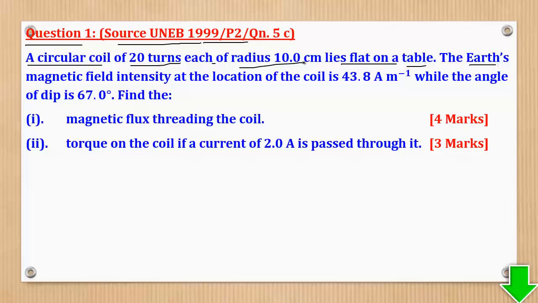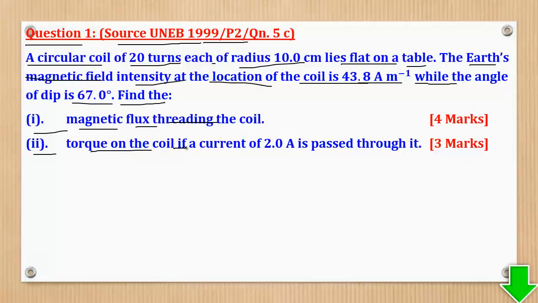Okay, the Earth's magnetic field intensity at the location of the coil is 43.8 amps per meter, while the angle of dip is 67 degrees. Find (i) the magnetic flux threading the coil, then (ii) the torque on the coil if a current of 2 amperes is passed through it.